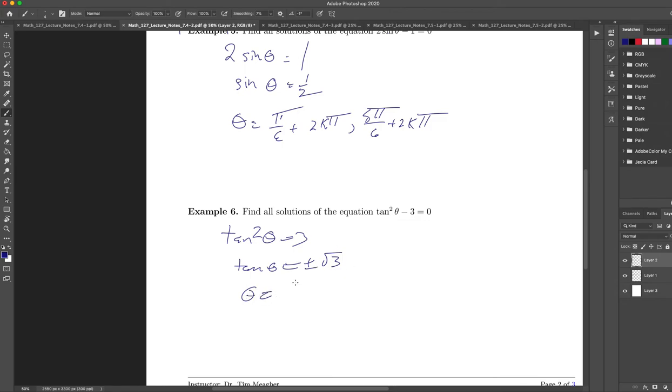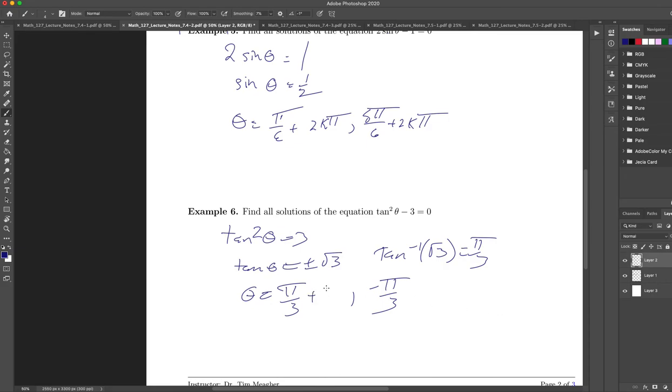The inverse tangent of positive square root 3 is pi over 3. The inverse tangent of minus square root 3 is minus pi over 3. So the arctangent of square root 3 is pi over 3. The arctangent of minus square root 3 is minus pi over 3.